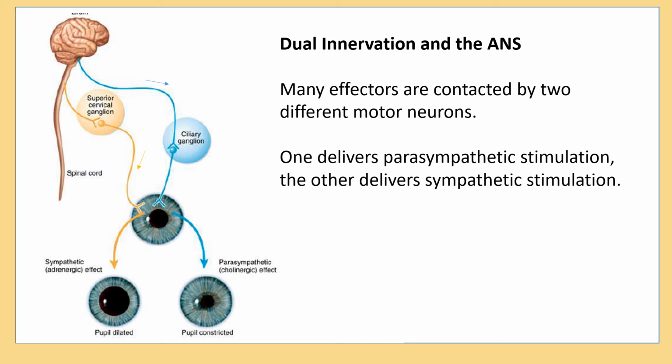So we're looking at the iris of the eye, and the blue motor neuron is delivering parasympathetic stimulation, and the yellow motor neuron is delivering sympathetic stimulation. So anatomically, there are two different pathways for these two different forms of motor output to reach the effector.